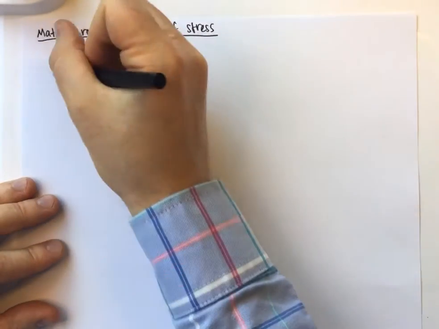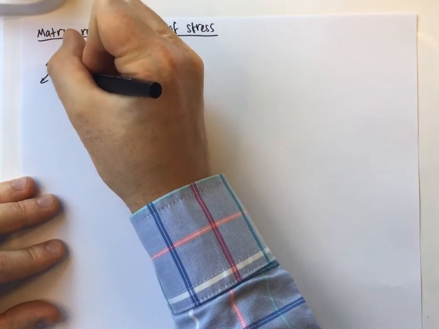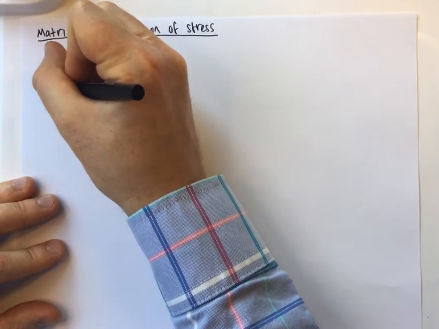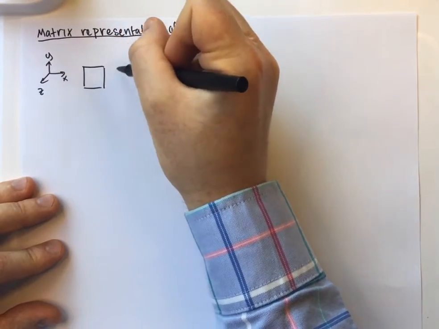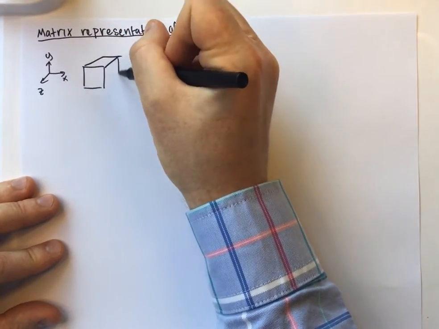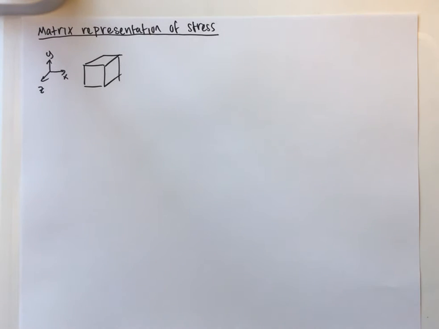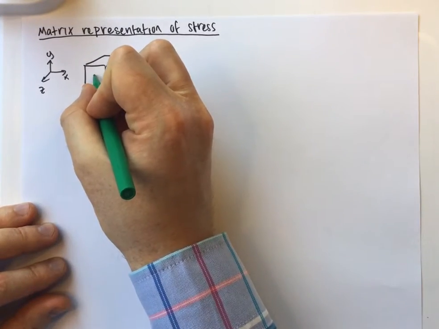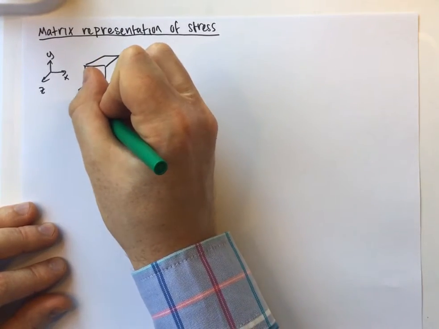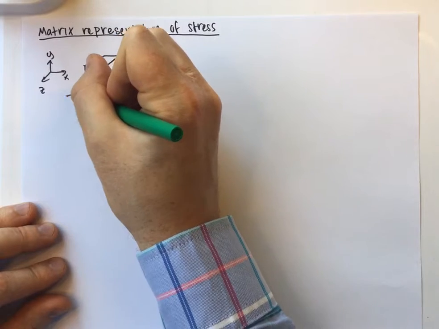Okay, so we're going to start off, we're going to go back a little bit, and we'll have our coordinate system here. We have our stress cube, and when we cut our potato and we looked at those traction vectors and the components of those traction vectors, we started out, we had 3 vectors here.